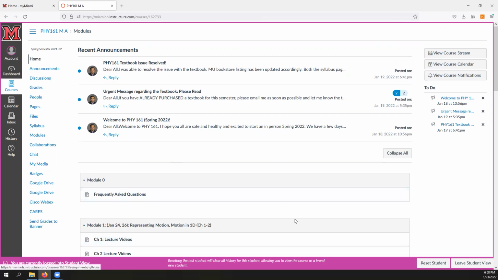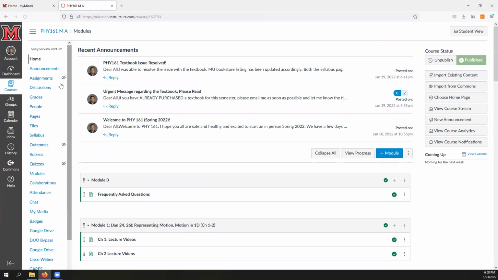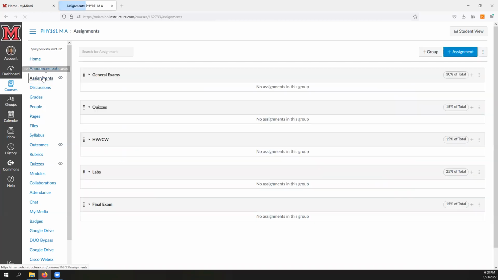Give me a second. You'd be able to see it if I go to my instruction page. You can see that there are 3 general exams, each 10%, so 30% total from the general exams. Then you have quizzes.